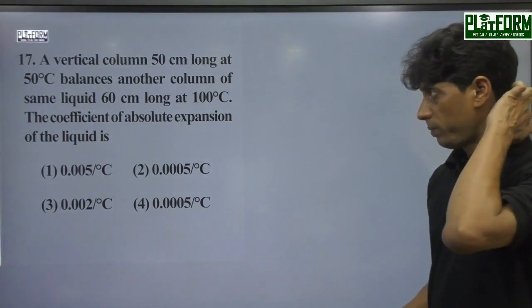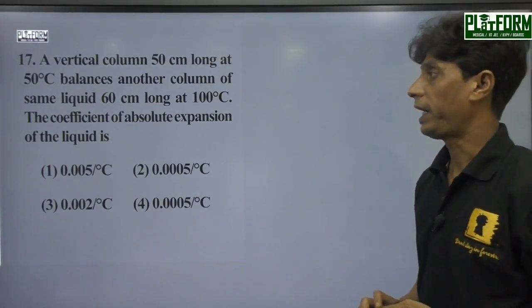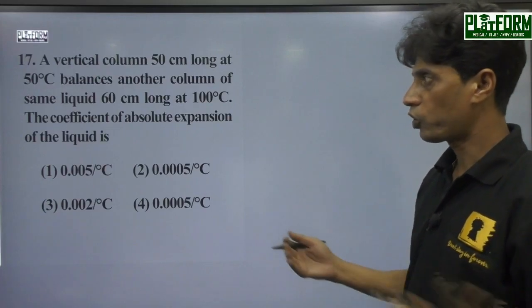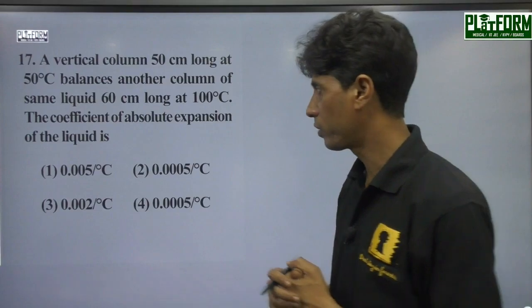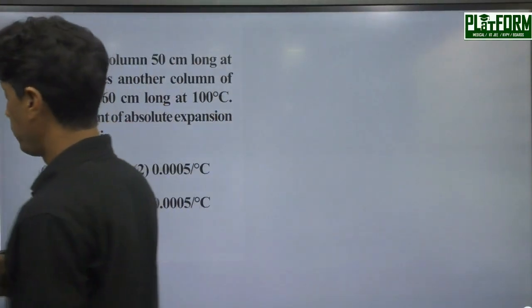A vertical column 50 centimeter long at 50 degrees centigrade balances another column of the same liquid 60 centimeter long at 100 degrees centigrade. We have to find out the coefficient of expansion of the liquid.